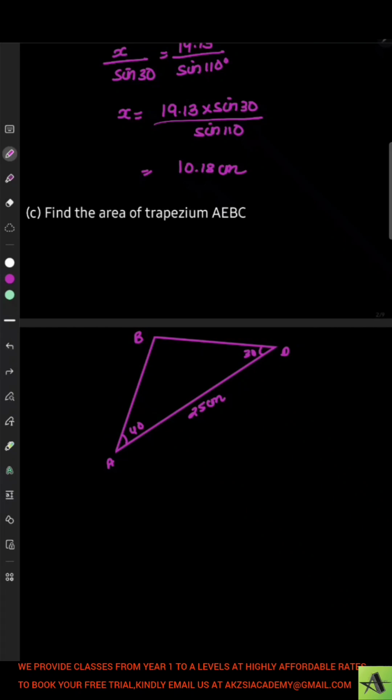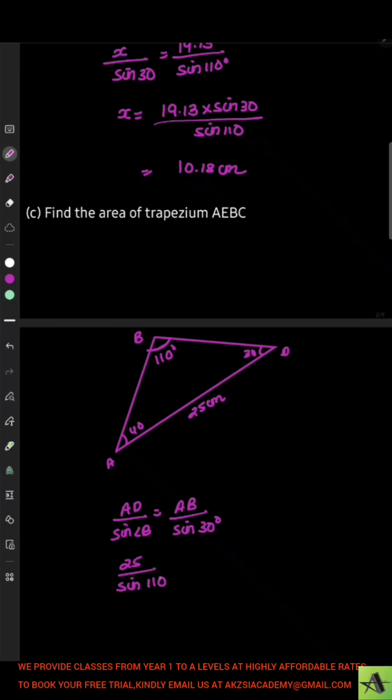This is a combination of, again, two sides, two angles. So I'll be going with the sine rule. So AD is already known. So AD over sine of angle B is equal to the side that we want to calculate, that is AB, over sine of angle 30. AD is 25, sine of angle B, this is 110 degrees.